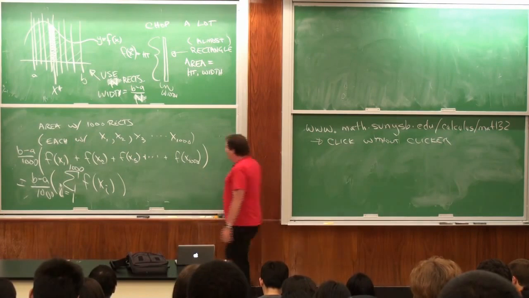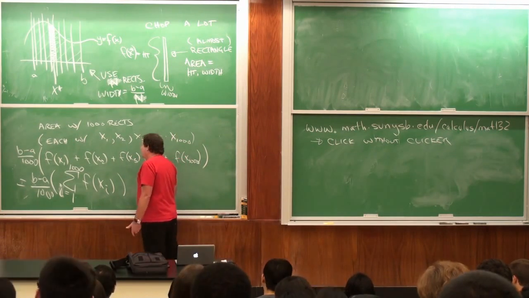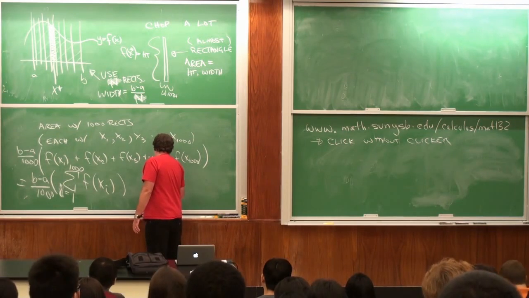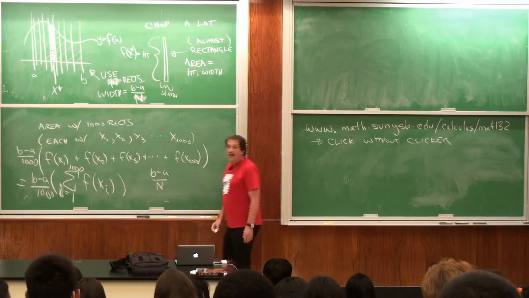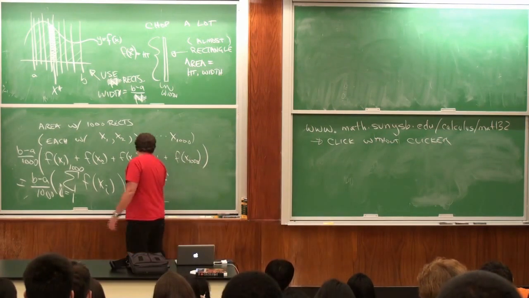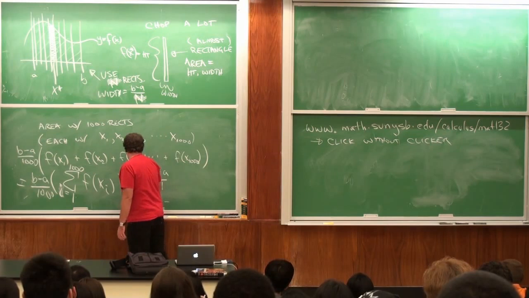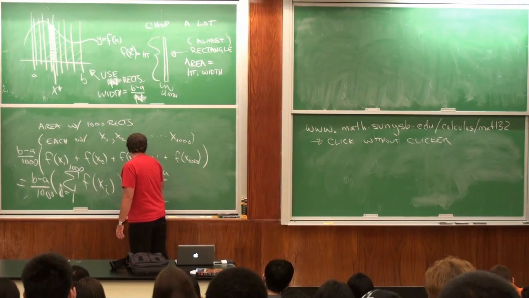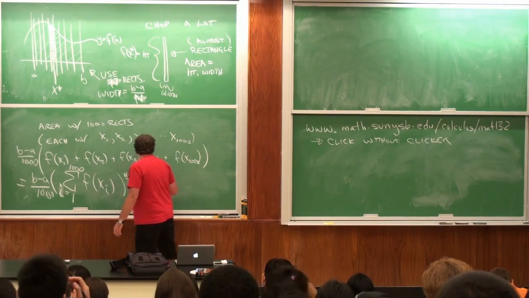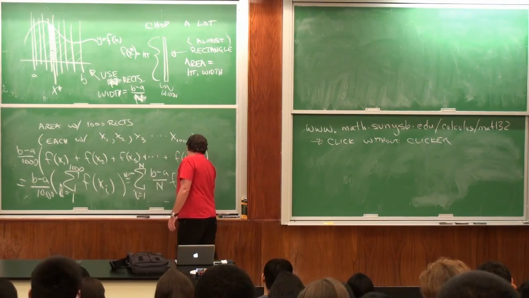So in general, the area is going to look like b minus a over n, where n is 100, 1,000, 1,000,000, 5, whatever you like. Let's put the sum on the outside: i equals 1 to big N, here N is 1,000, times f of x sub i.